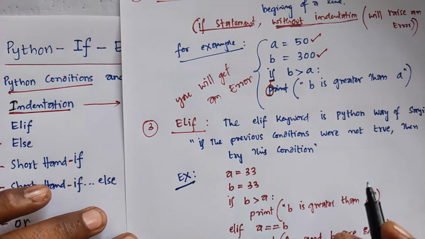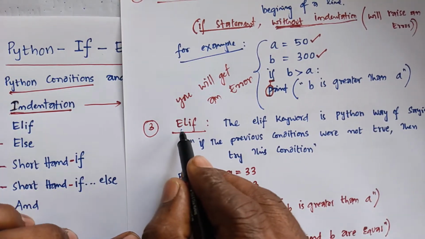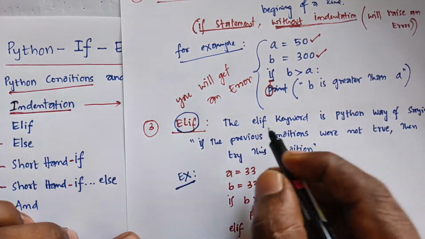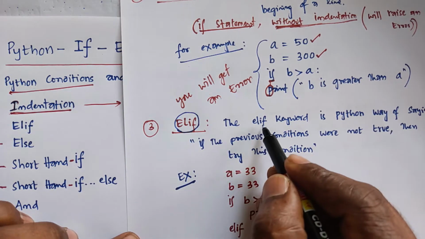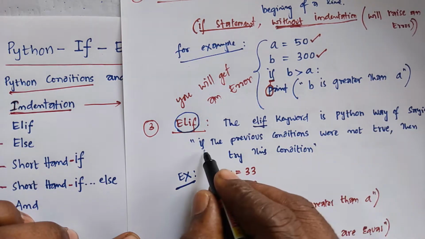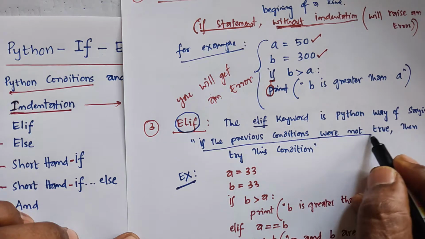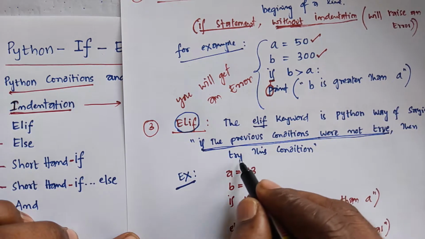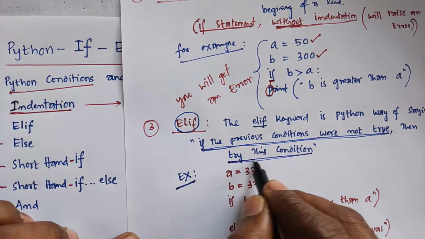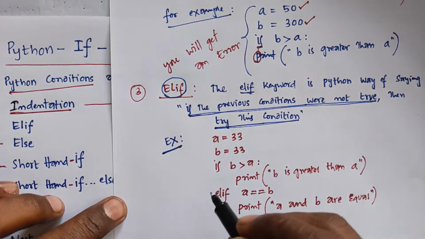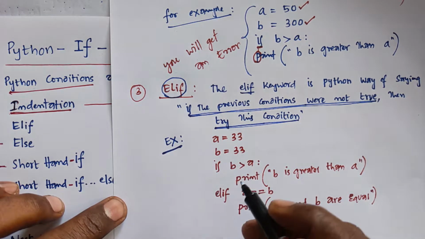This instruction is else if, and the instruction name is elif. The elif keyword is Python's way of saying: if the previous conditions were not true, then try the new condition. For example, here A is equal to 33, B is equal to 33.